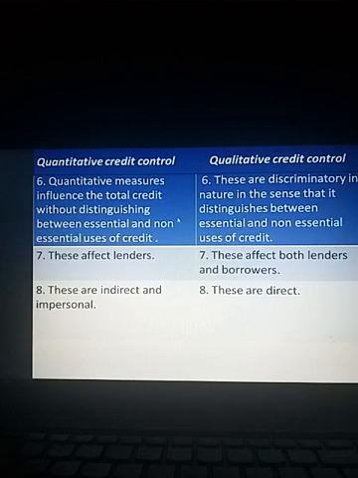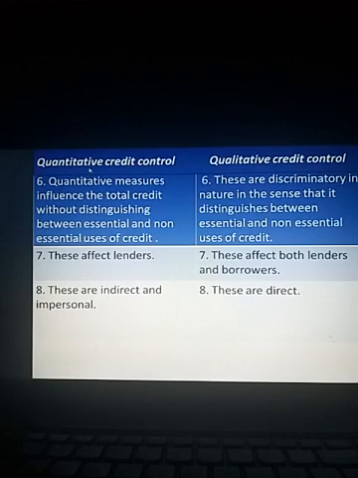So the major difference in the 6th point is that on the left hand side you write it will not distinguish between essential and non-essential uses of credit, whereas on the right hand side it distinguishes between essential and non-essential uses of credit.